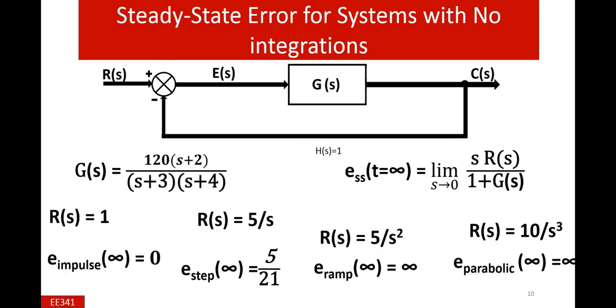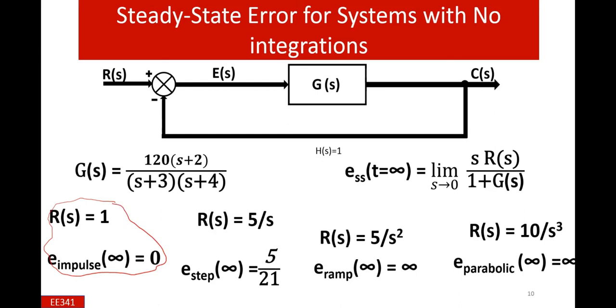So let's summarize the whole concepts which we found here. We have an open loop transfer function which is type 0 and second order system. If we apply the impulse function, then the response to this impulse is 0 in steady state.